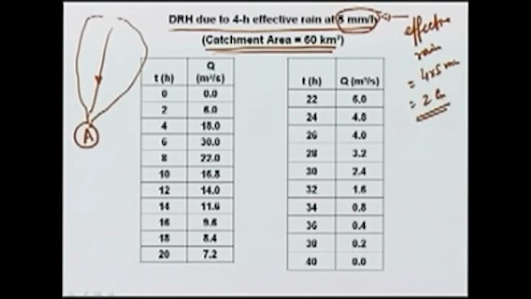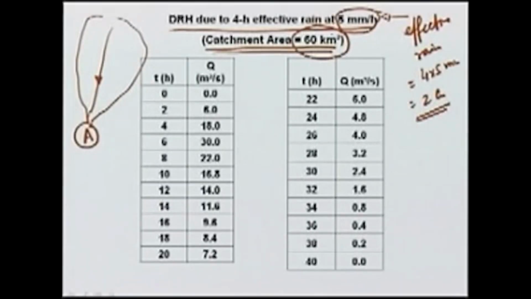and because of this rain, which again there are some assumptions which we have to make. For example, we will assume that this 4-hour effective rain occurs uniformly over the entire catchment of 60 kilometer square area. So, if it occurs uniformly over the entire area and we measure the discharge at point A, this is the table which gives the values of Q at different times.